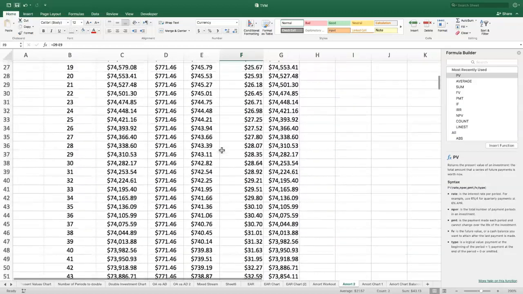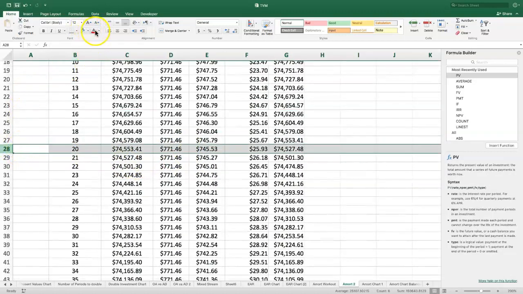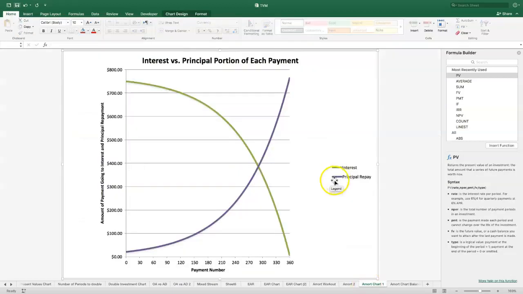So if we want to know what the loan balance was after the 20th payment, well, after we make that payment, our loan balance is going to be $74,527.48, and $25.93 went towards principal, and $745.53 went towards interest.